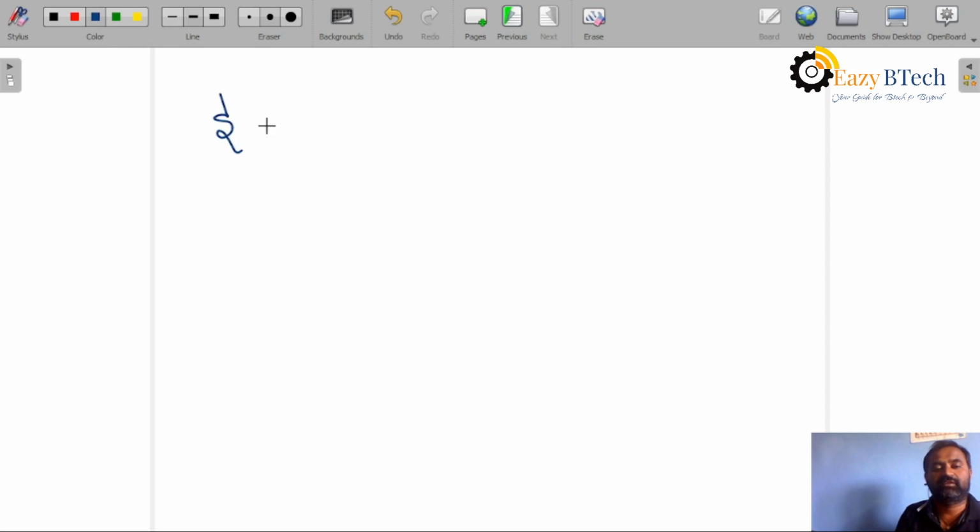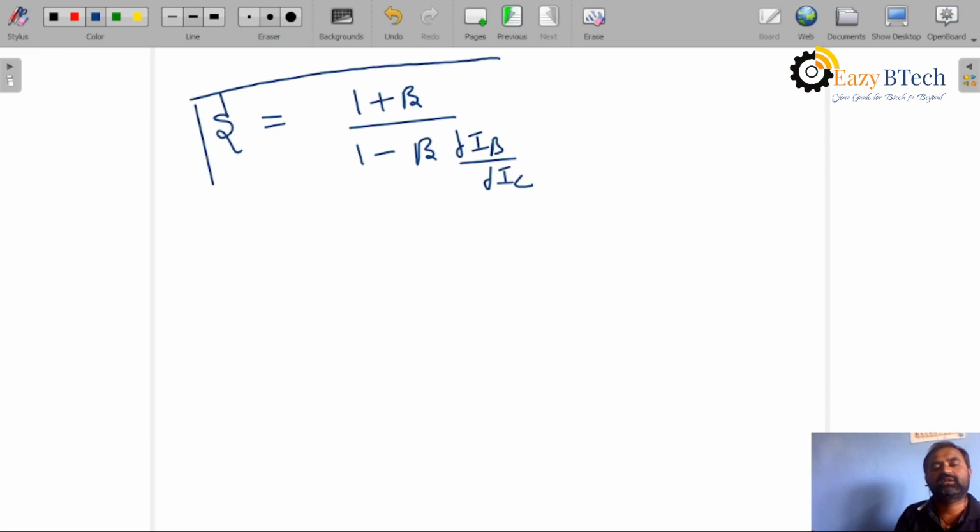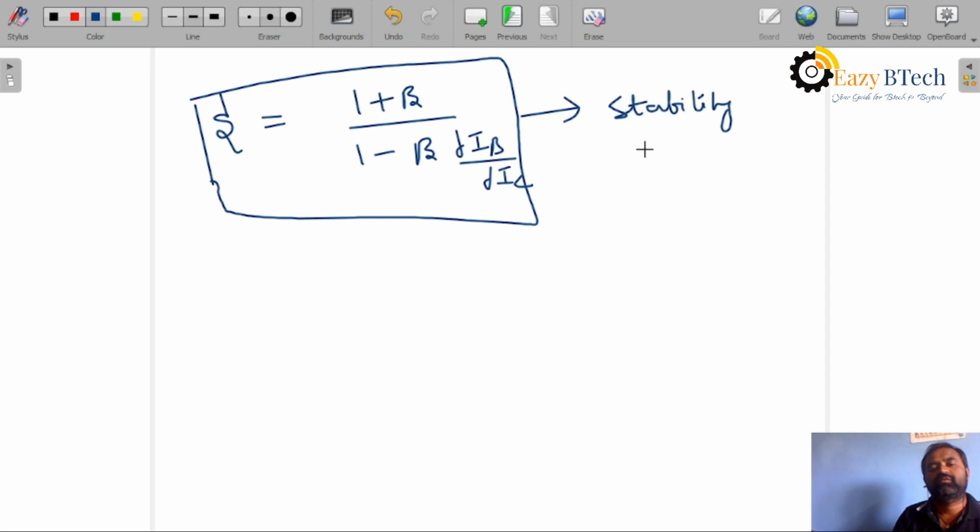So the stability factor is equal to (1 plus beta) by (1 minus beta change in IB by change in IC). This is the stability factor.